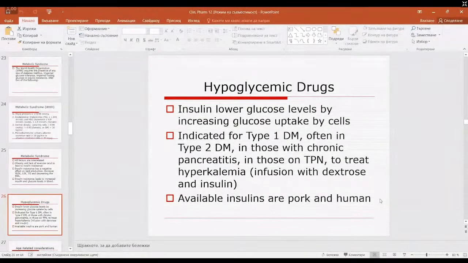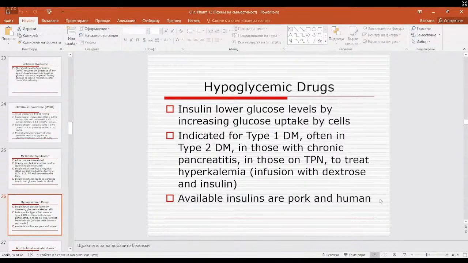And due to the modern lifestyles that we all have, and less physical activity, more fast food type of eating, this is a syndrome that is going to be even more and more commonly seen in our everyday practice.